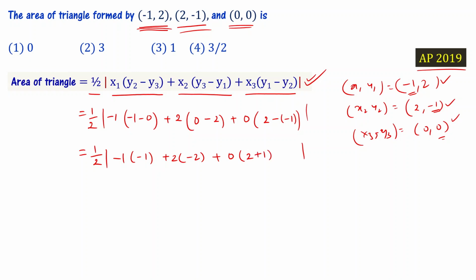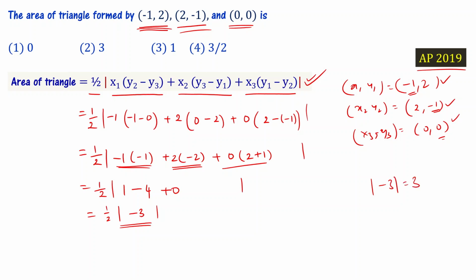Now this can be written as half times modulus of, -1 into -1 is +1, and this is going to be -4, and this is 0, right? Now I can write this as half modulus of 1 minus 4, that is -3, right? Modulus of -3, what do we write? Modulus of -3 equal to 3.